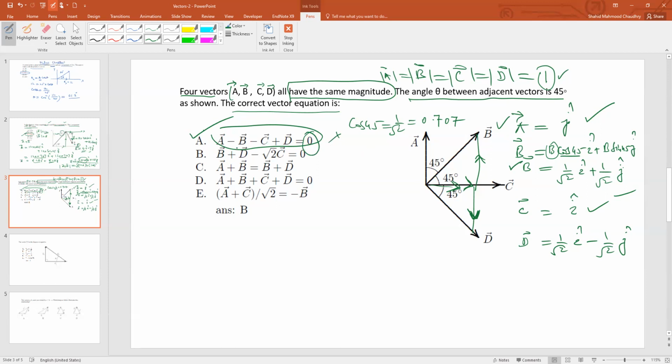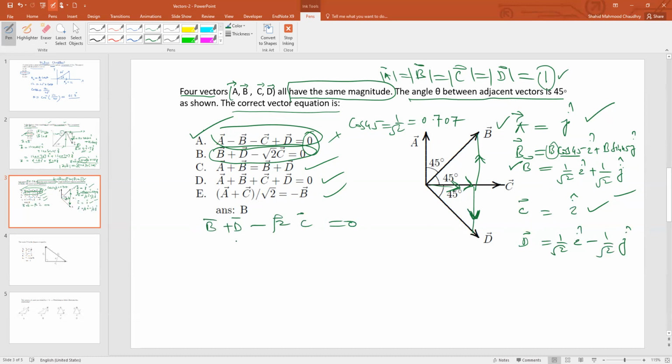So what will we do? Here I solve this one. You can solve this one and see the answer is not 0. You can check this one, but the answer is this one. How is the answer this one? I am solving this one. B plus D minus root 2 C equal to 0. So B plus D is what?